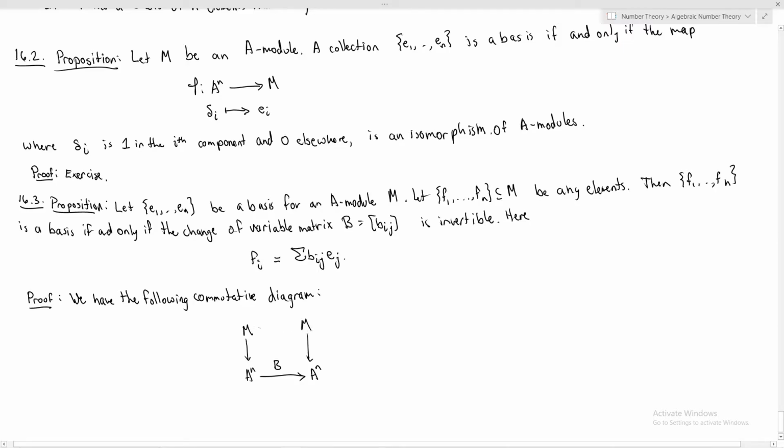On the left and on the right, I have essentially these maps up here. So if this is the one corresponding to e and this is the one corresponding to f, maybe they should be like inverses or something like this. Maybe I'll just make the arrows go the other way.